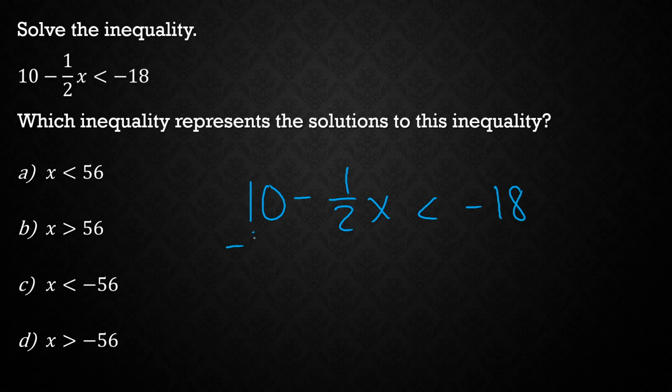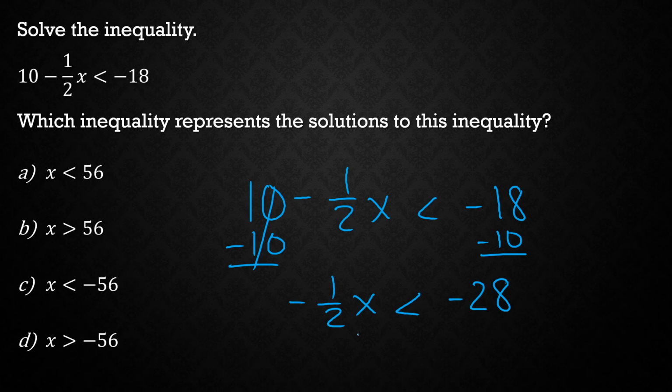So let's get rid of this 10. 10 is positive, so I'm going to subtract it from both sides. I'm left with negative 1/2 x is less than negative 28. I'm going to divide by this negative 1/2 on both sides. And I'm left with x. And then when I type this into a calculator, negative 28 divided by this negative 1/2, I'm going to get a positive 56.